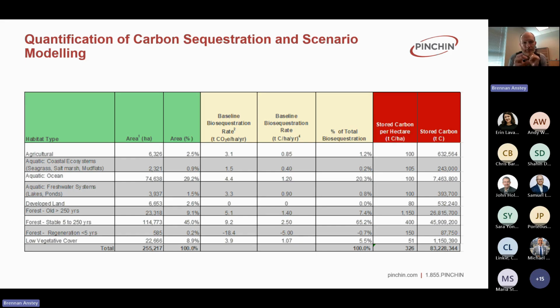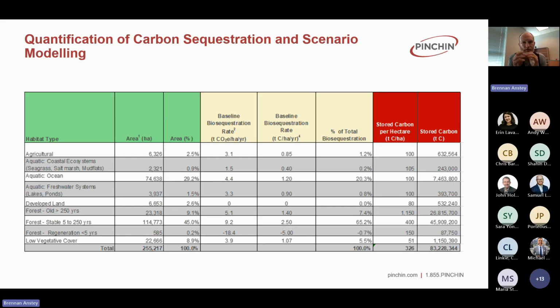And then the exciting part, we looked at, okay, on average, how much carbon are we sequestering? And we ended up looking at it in 2 different ways, both in carbon dioxide equivalents, but also just as carbon. And that was important when we looked at stored carbon, because you don't actually store CO2 in this case, you store it as carbon.